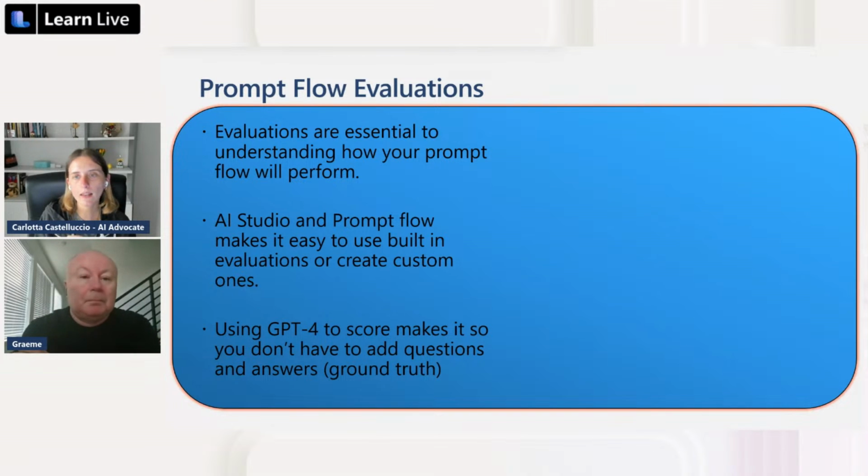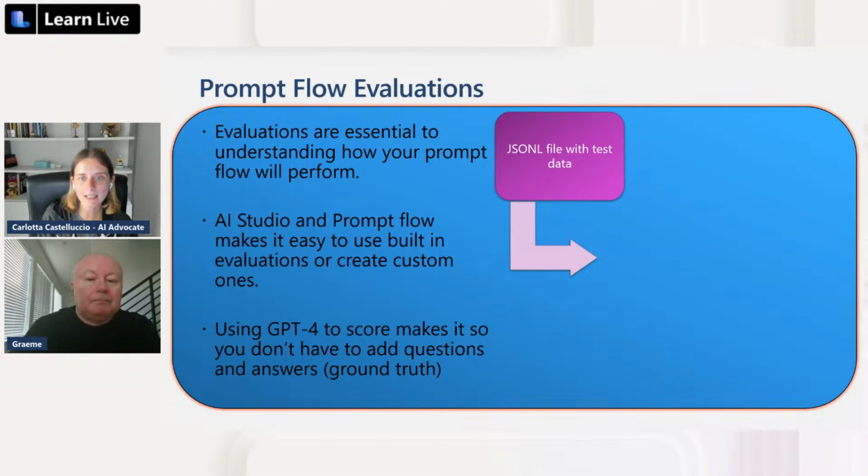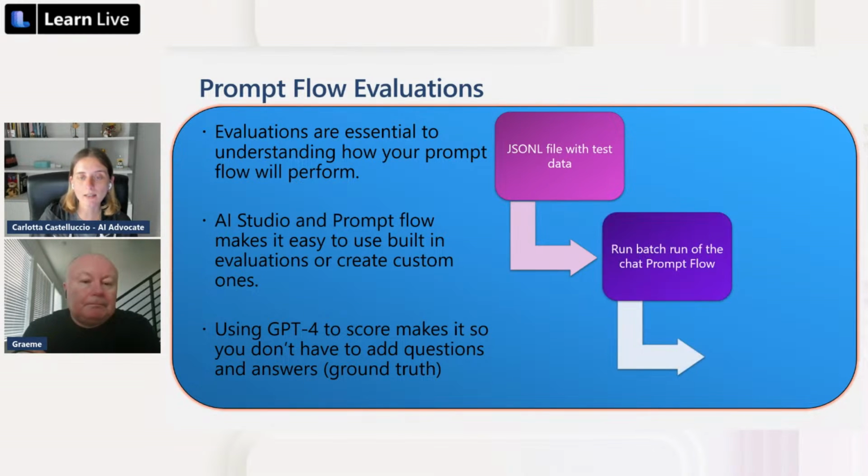Now, the way this process works in the Azure AI platform is we need a JSONL data set, so a data set in the format of a JSONL file. Then we can create a batch run in Azure AI Studio to run the prompt flow against this batch test data set with our generative AI application.